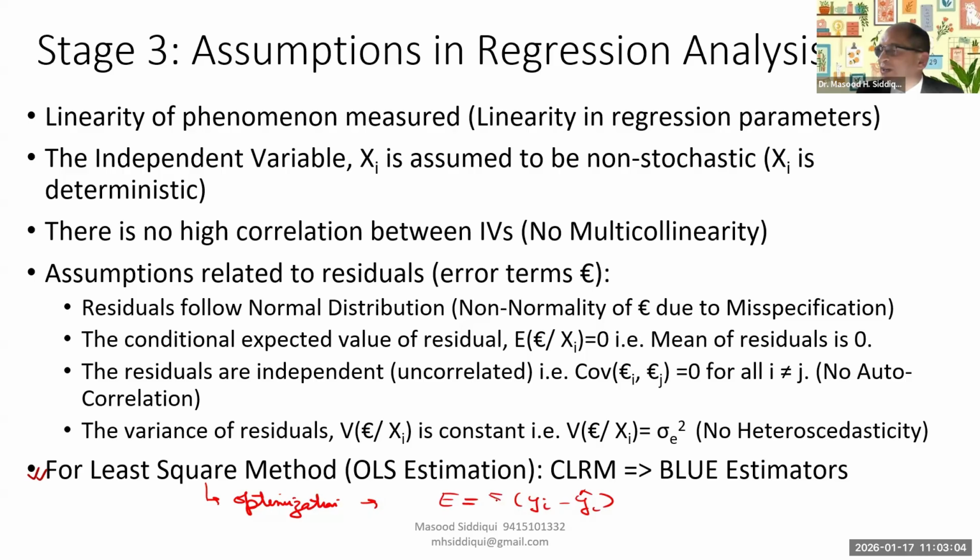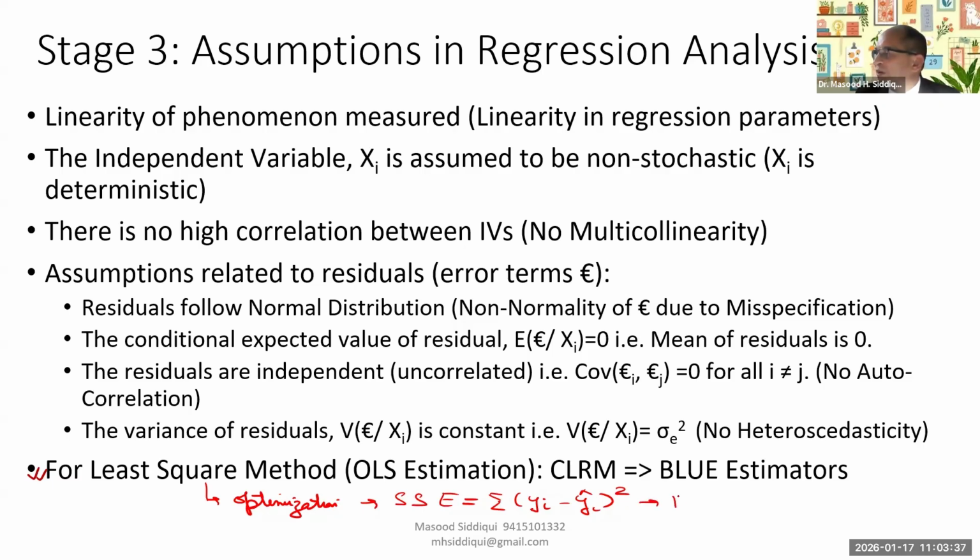So what we do, we consider all these differences. But now somewhere yi will be higher, so we will get positive values, and somewhere yi would be lower, so we get negative values. And simultaneously, in order to impose a penalty on the highly deviant terms, we square this. That is known as sum of square due to error, or sum of square due to epsilon, or sum of square due to extraneous term.